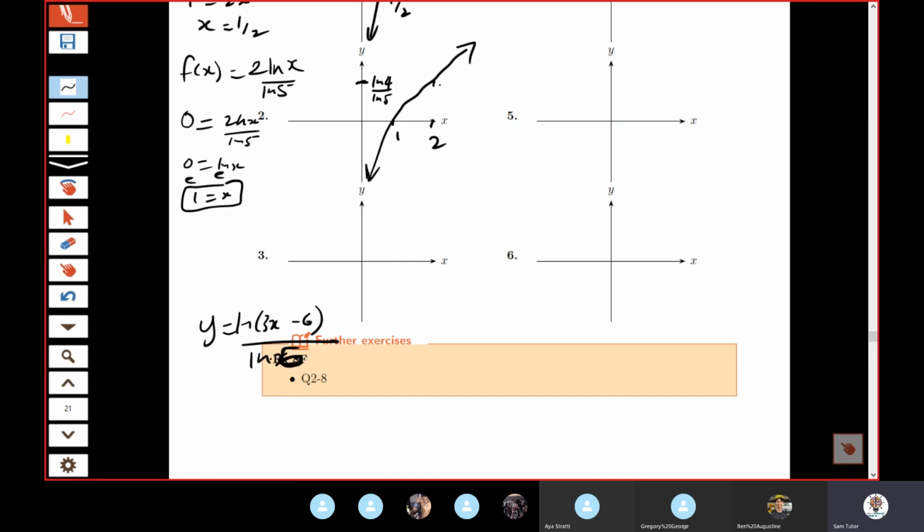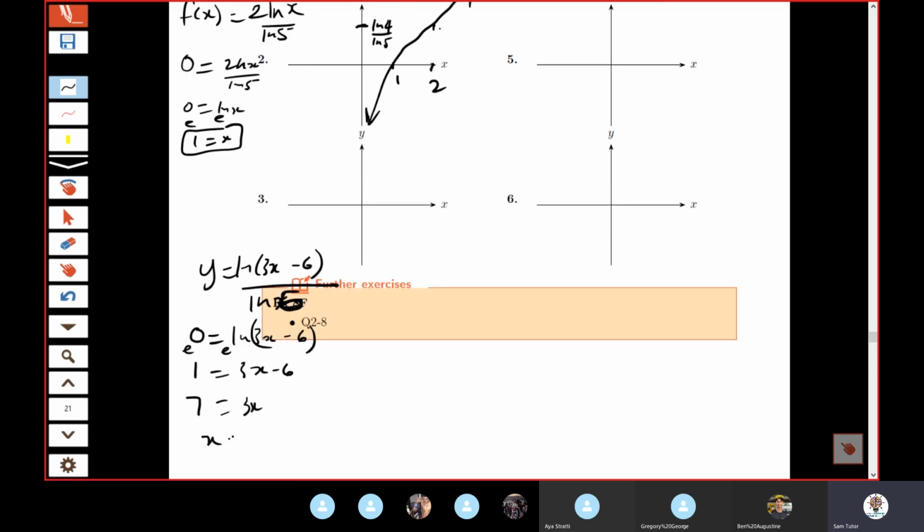Again, if you wanted to solve for x, by all means, just make y equal to 0. Times it by log 6, it's gone. Exponential both sides, you get 1 equals 3x take away 6, plus the 6 is 7. X equals 7 over 3. So this number here is 7 over 3.